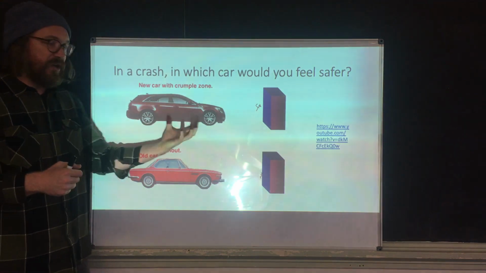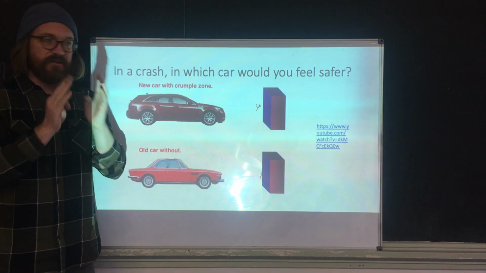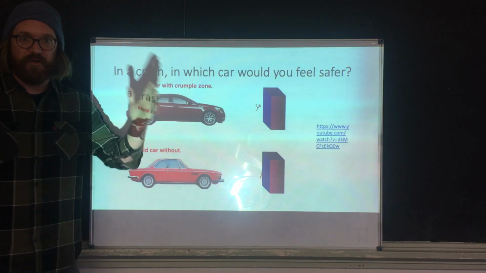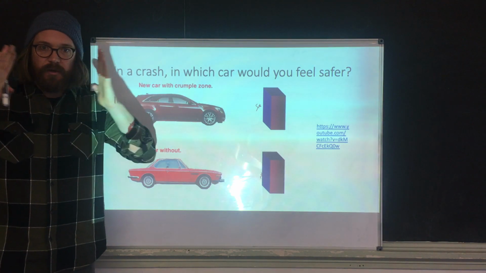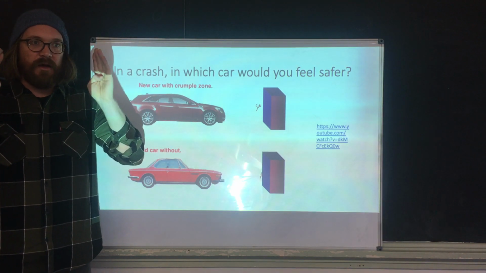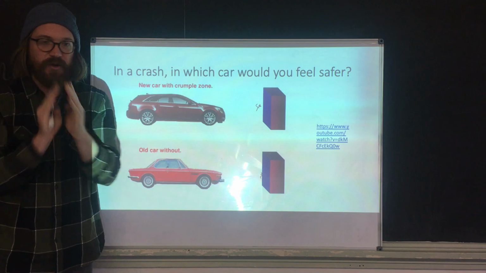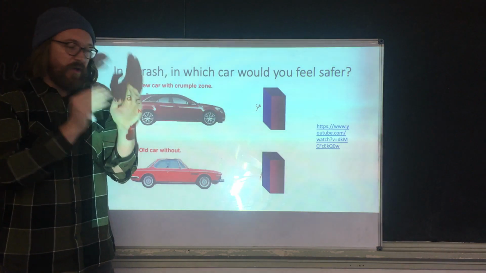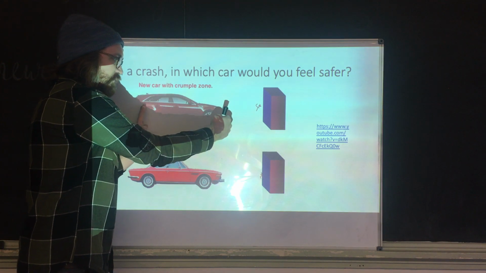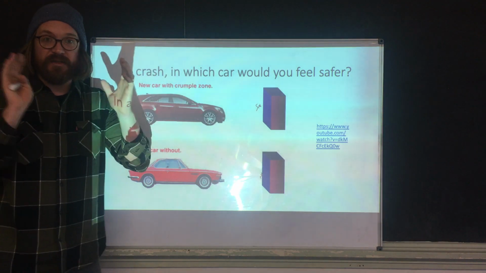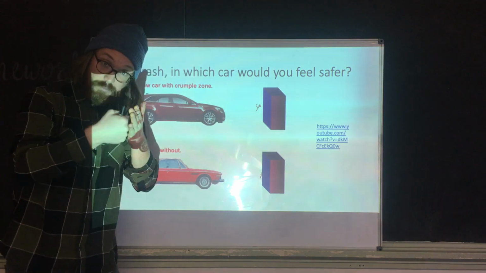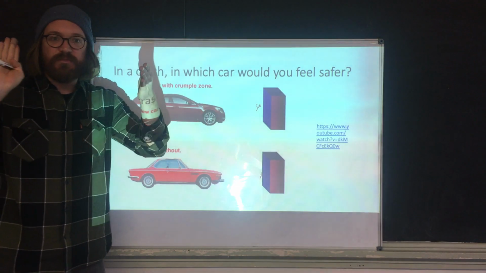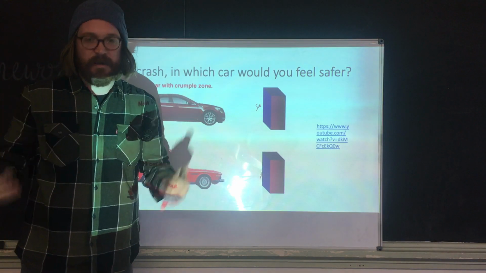The reason why new cars are made of softer materials is because they have these things called crumple zones. You can think of an accordion or a soda can being smushed together. When a new car hits the wall, the whole car crumples in. And what that crumpling does is instead of coming to a stop, boom, all at once, it smushes itself in and it's like hitting that pillow.